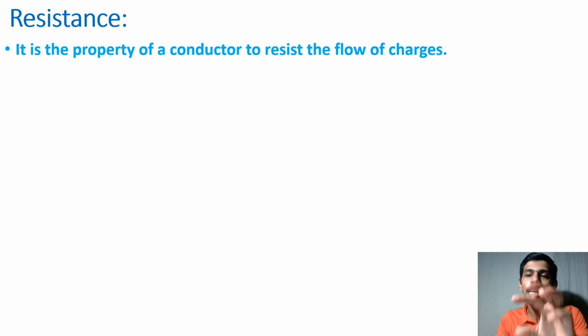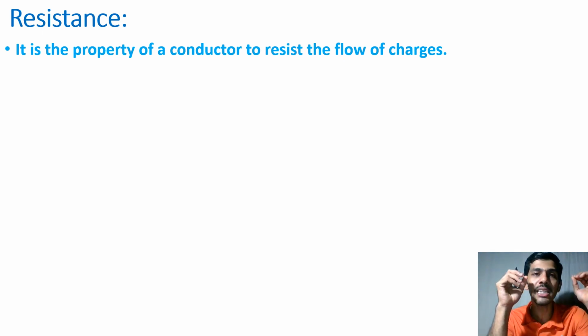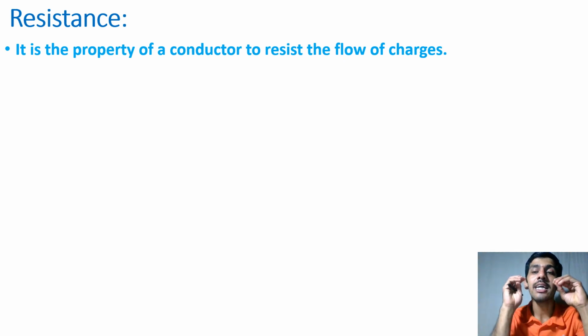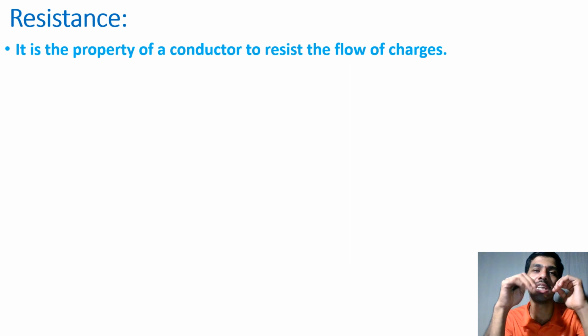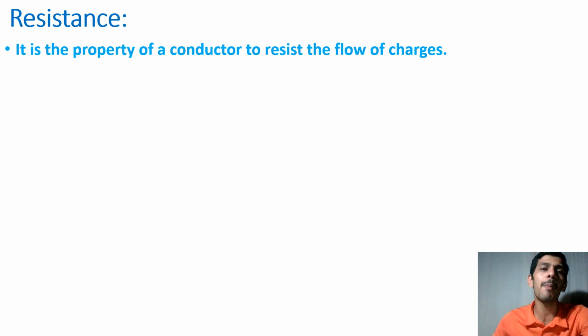Like that, when charges are moving inside a conductor, the conductor resists the flow of charges. At that time, the current will decrease due to the presence of resistance. So resistance is a property of a conductor to resist the flow of charges through it.